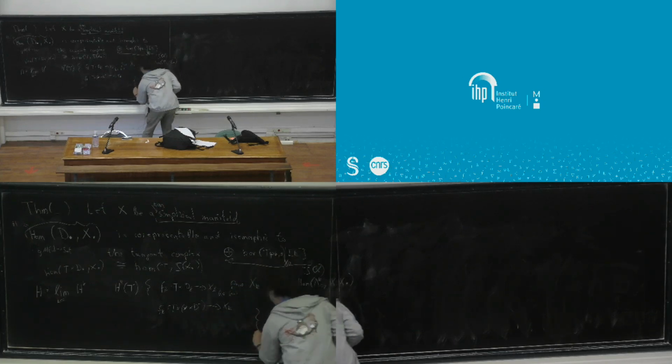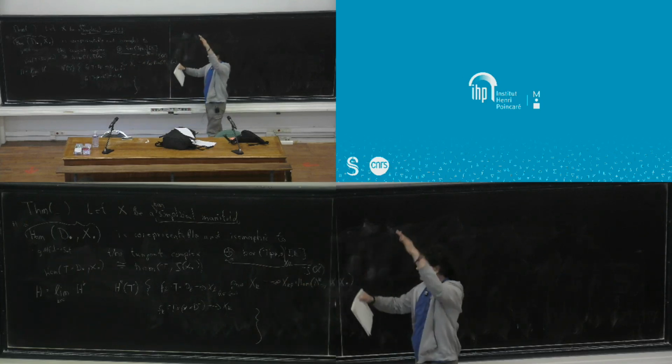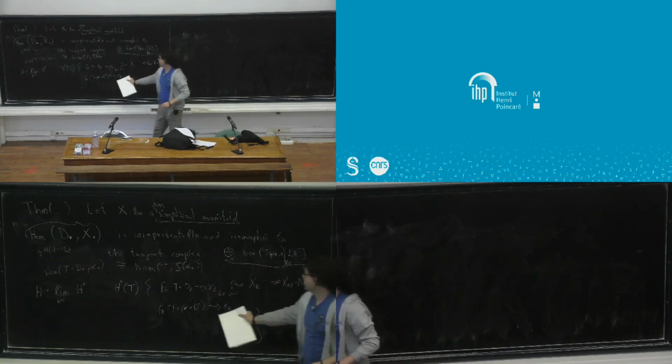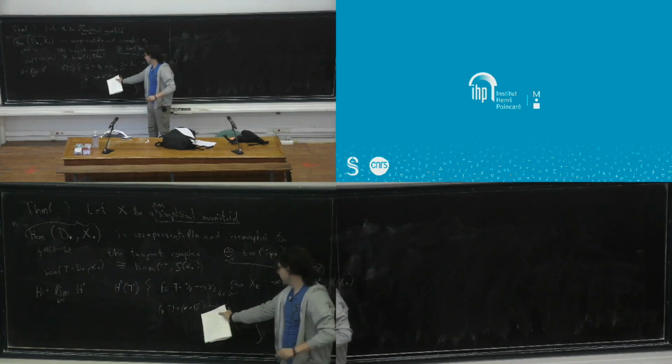And so it will be a collection of maps up until level k, where on the kth level we're only partially defined.